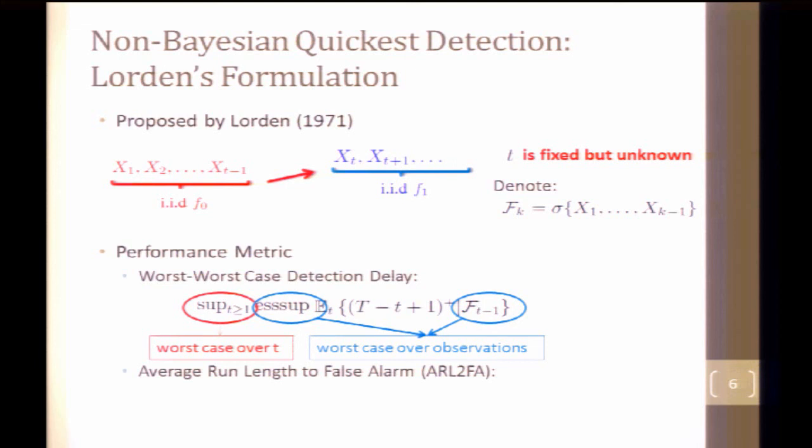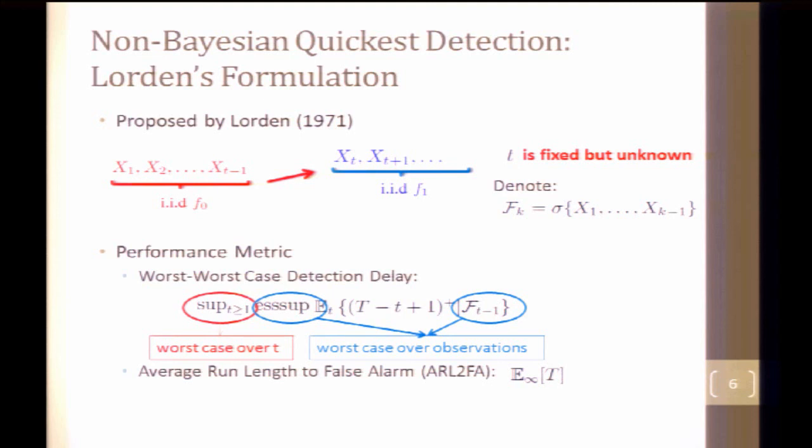So in Lorden's problem formulation, we are trying to minimize this worst case detection delay, and the false alarm constraint is measured by the average run length to false alarm. Essentially, if I put infinity here, it simply means that there's never a change.